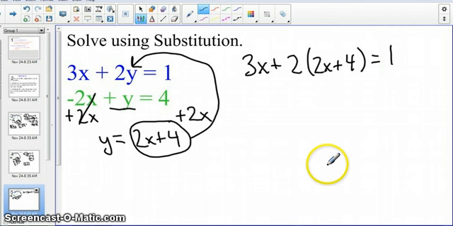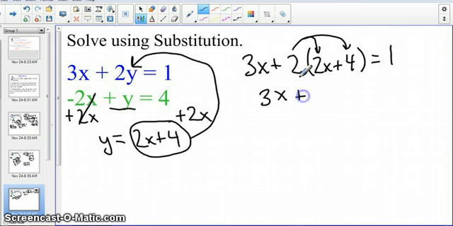Think, what is the first thing you should do? Distribute that 2 to everything inside your parentheses. 3x. 2 times 2x is 4x. 2 times 4 is 8. And that equals 1.